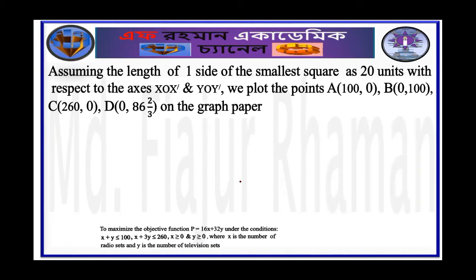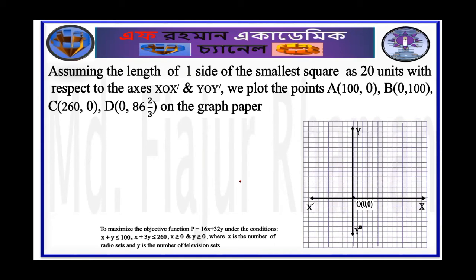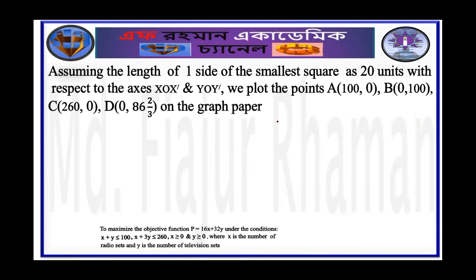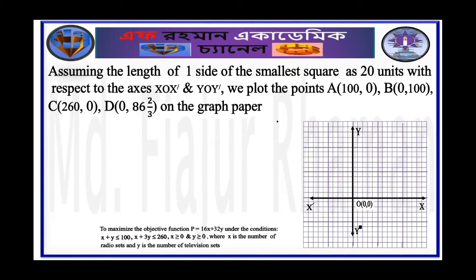Assuming the length of one side of the smallest square as 20 units with respect to the axes X'OX and Y'OY, we plot the point A (100, 0).